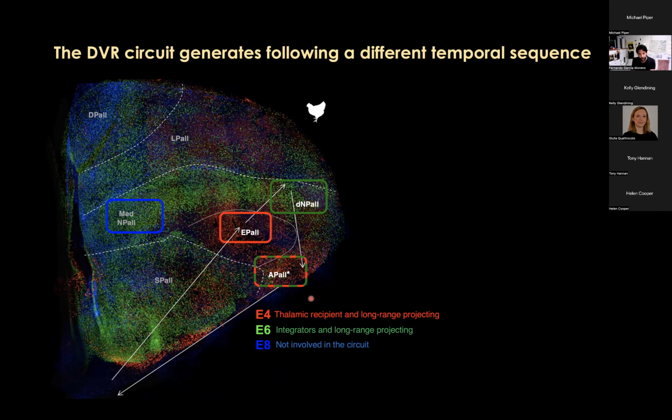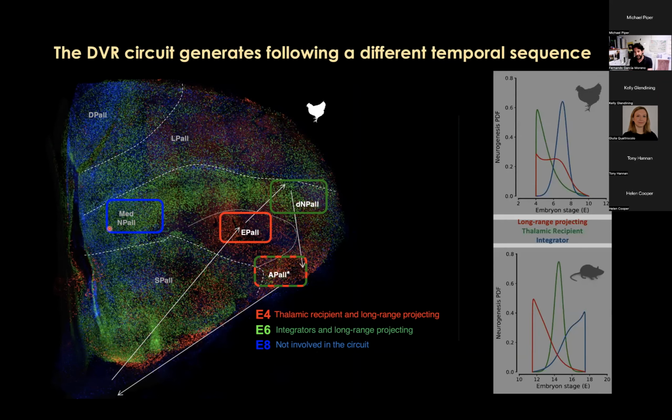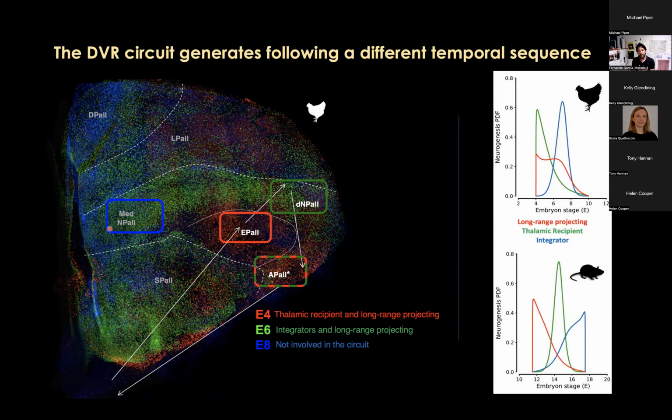And the latest ones generated in chick are not involved in the circuitry. So we have neurons generated in the pallium at these very late stages, but these neurons do not belong to the processing circuitry.